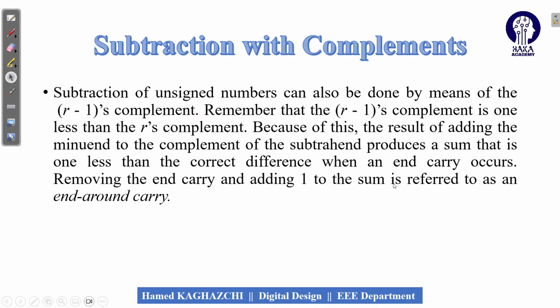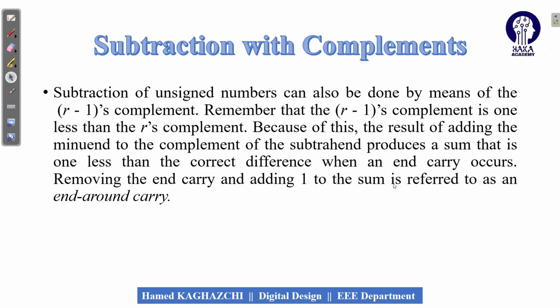Okay. We have another method for doing these subtractions using the r minus 1's complement. The procedure starts with taking the r minus 1 complement of the subtrahend, then adding the minuend to the r minus 1 complement of the subtrahend.